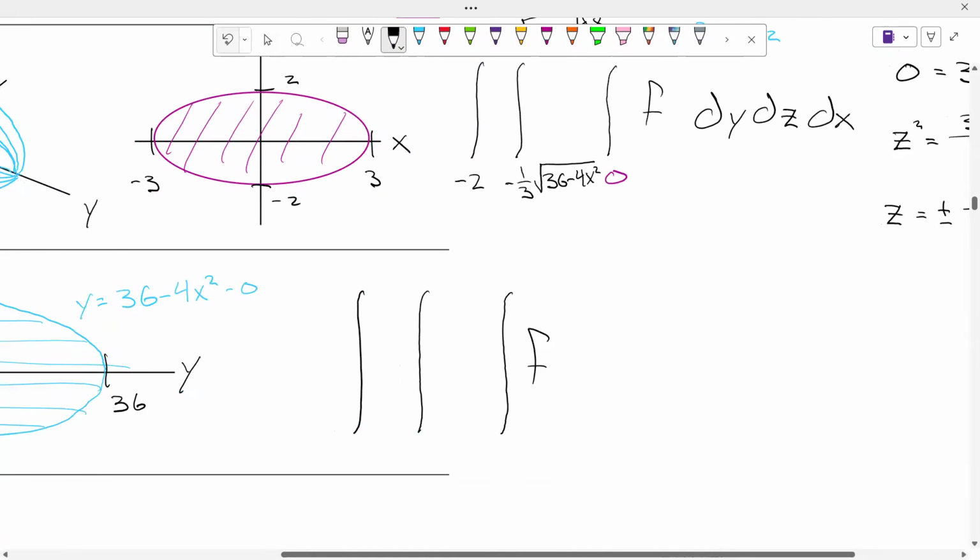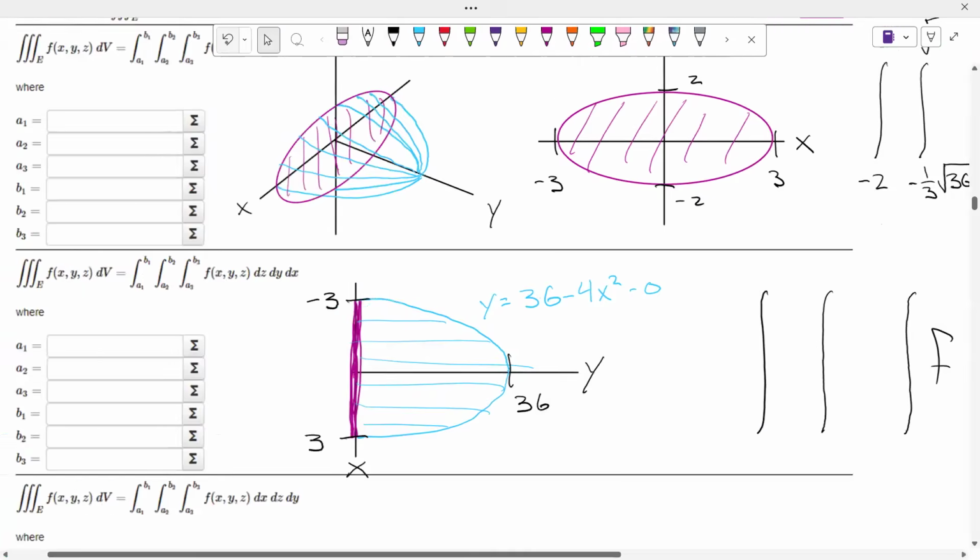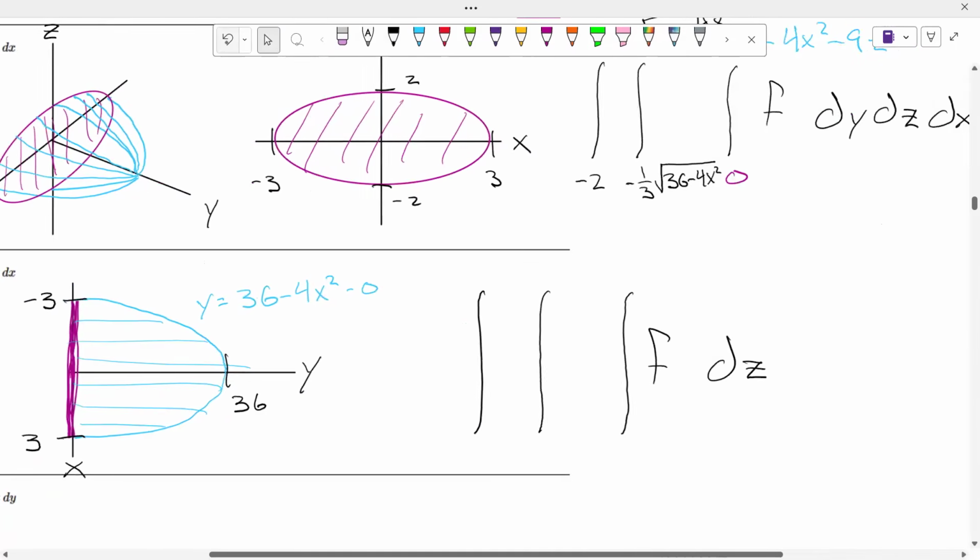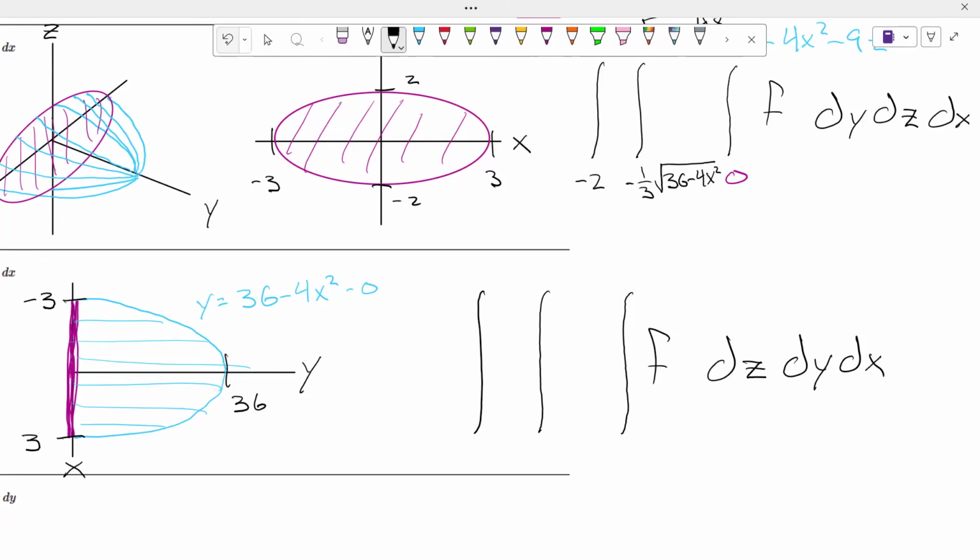So again, integrating our function, this time we're doing dz first. And I don't actually remember what we did in the next order. dy, then dx. So if we're doing y second, 0 to 36 minus 4x squared goes here and there, with x going from -3 to 3. So it's the z bounds we got to get first.